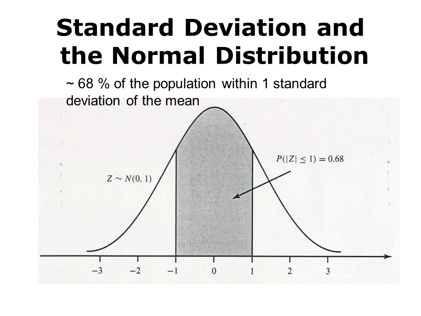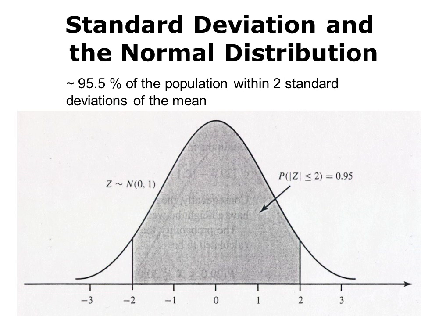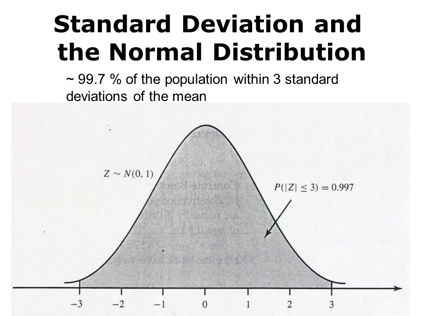When you expand your interest to the portion of the population that lies within two standard deviations, you get a much larger lump of the entire population. About 95.5% of the entire population, I usually remember this as about 95%, lies within two standard deviations of the mean, and about 3 standard deviations from the mean includes about 99.7% of the population.